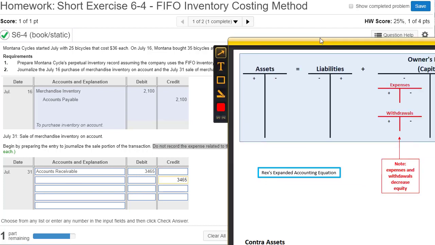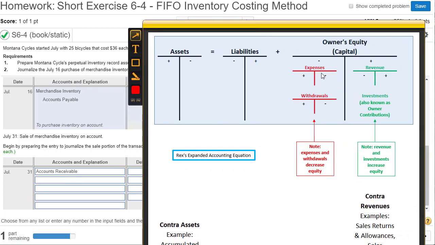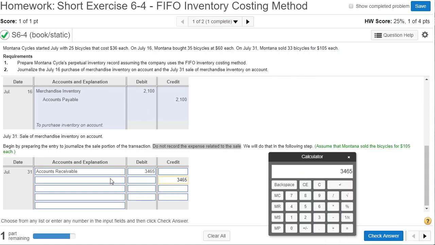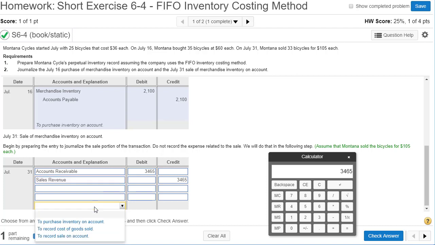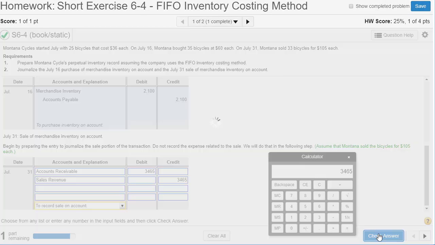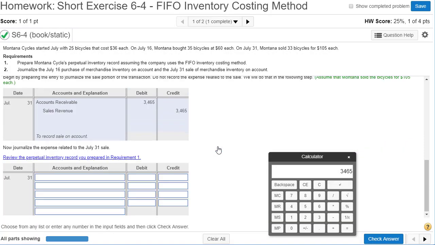So let's look at sales revenue. So when we sell this, do we have more revenue, which would be a credit, or do we have less revenue? We have more revenue, so that is why we're going to credit sales revenue. And the explanation is record a sale on account. And then the second transaction, we're going to update our expense and update our inventory.